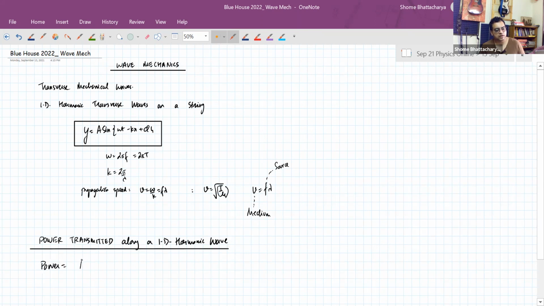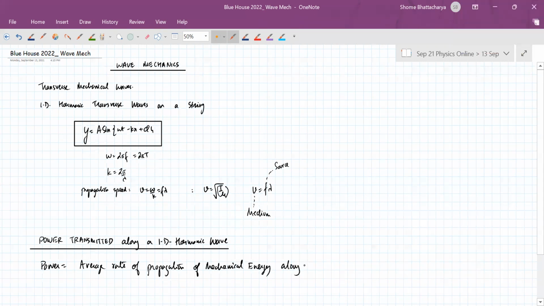Power is equal to the average rate of propagation of mechanical energy along the medium.